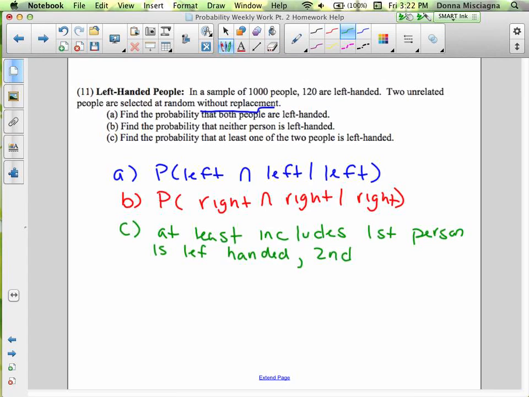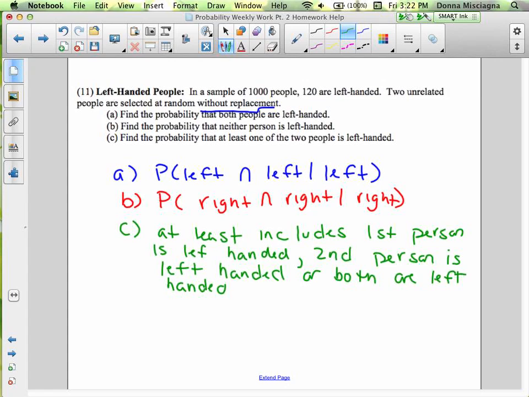Second person is left-handed. Or both are left-handed. So what's the only thing it doesn't include? That none are left-handed.